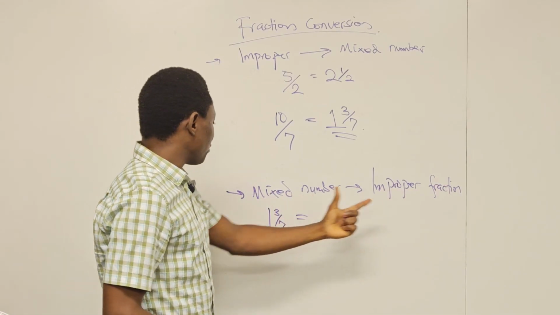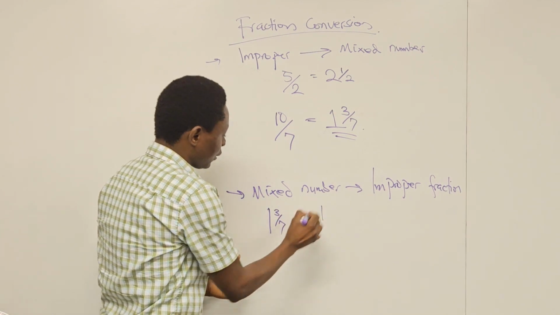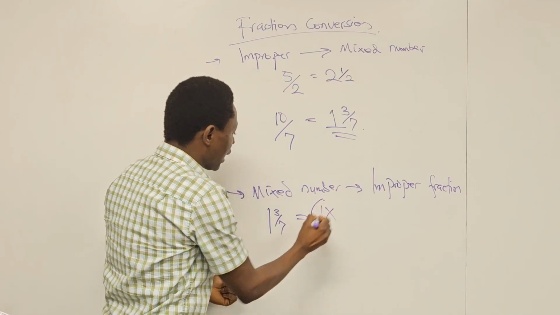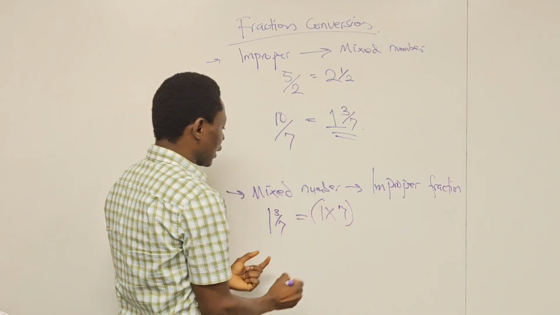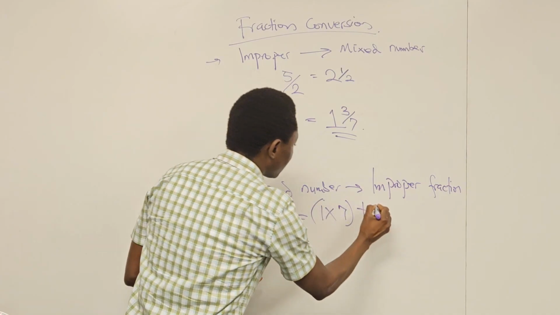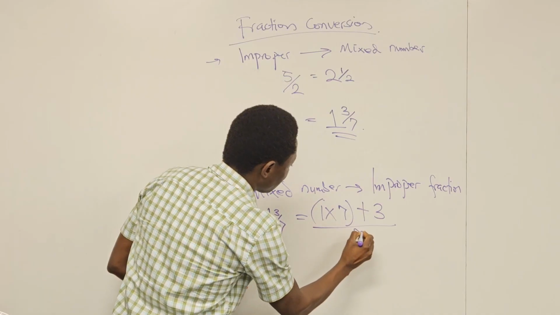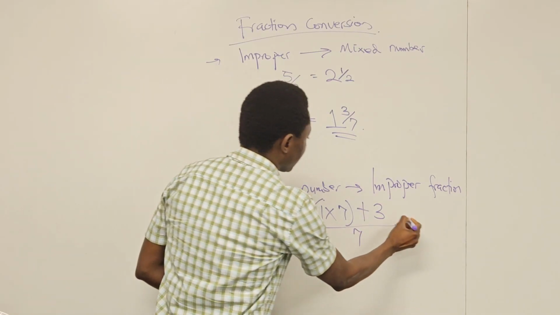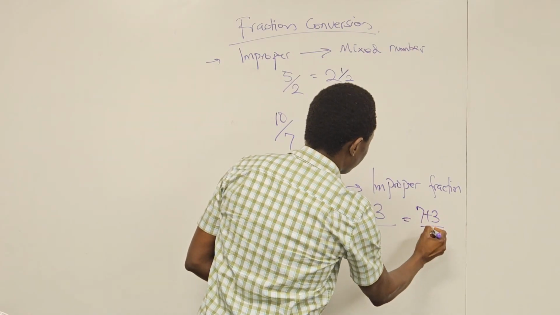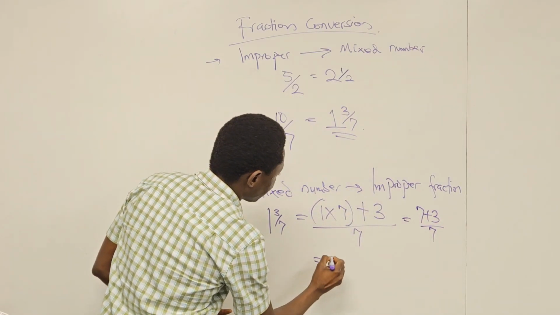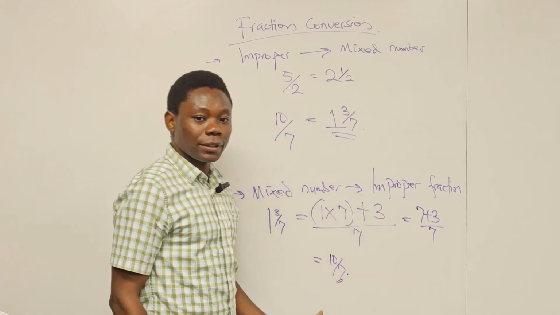We convert it to an improper fraction this way. You take the whole part, which is 1, and multiply it by the denominator, which is 7, plus the numerator, which is 3, everything over the denominator, which is 7. So 1 times 7 is 7, plus 3 over 7, and that's going to give us 10 over 7.